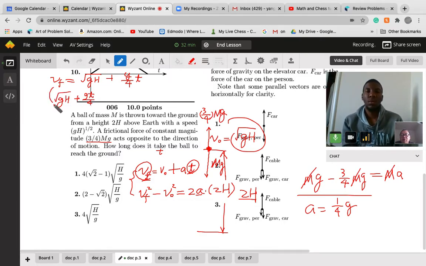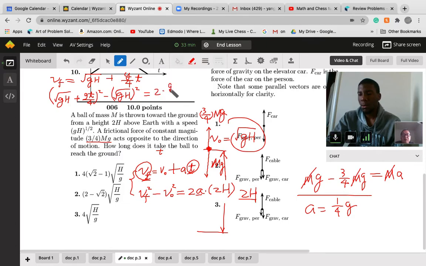This one squared minus v0, that's square root of gh, squared, equals 2 times g over 4, this is a, times 2h, right? Now simplify this equation.